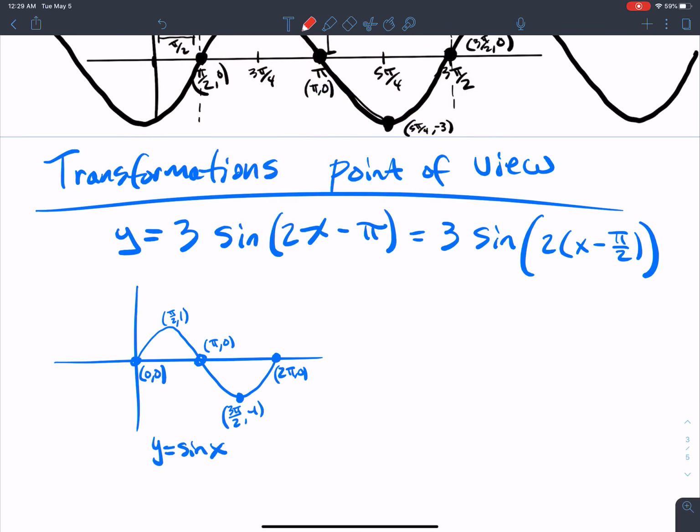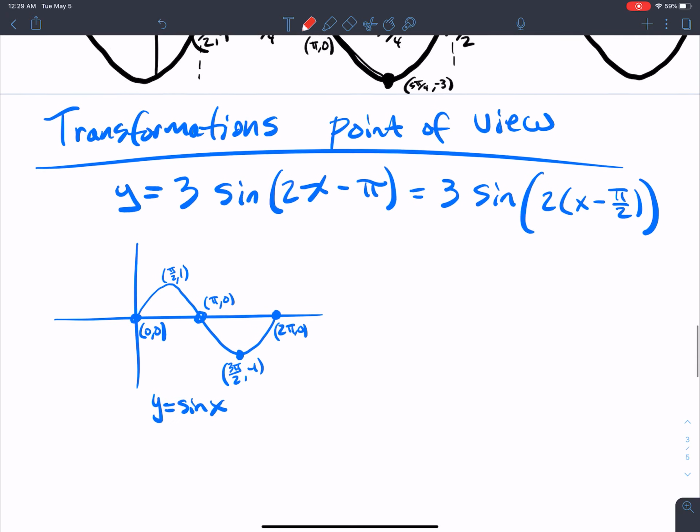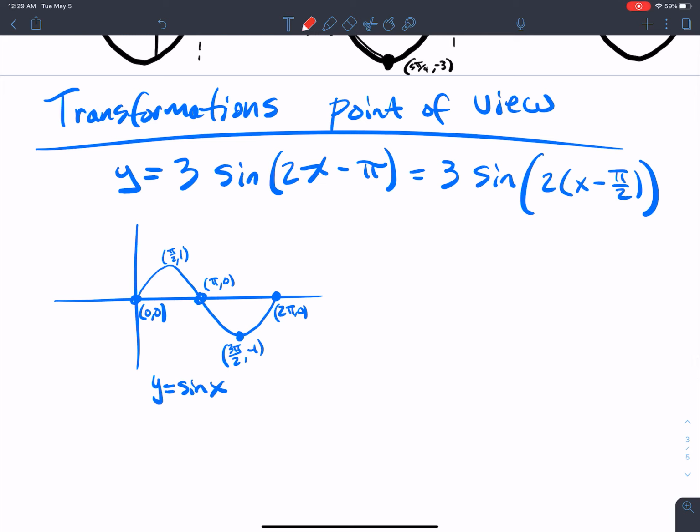Okay, first thing I'm going to do is multiply by 3. So I'm going to multiply this thing by 3. So I have y equals 3 sine of x. Okay, so 3 times 0 is still 0.